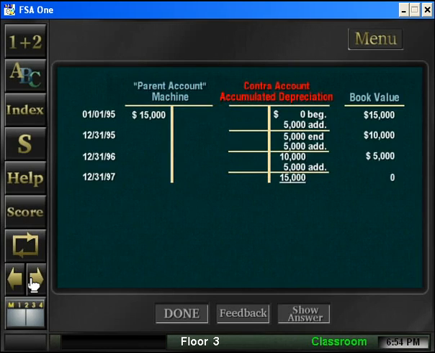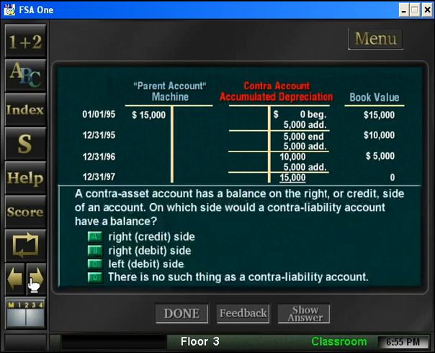The accumulated depreciation account is a contra asset account because it contains subtractions against another account, machine. Contra is Latin for against, as in contrary. A contra account always has a balance on the opposite side of the parent account. You are correct.